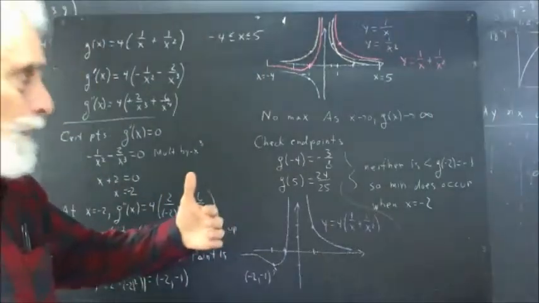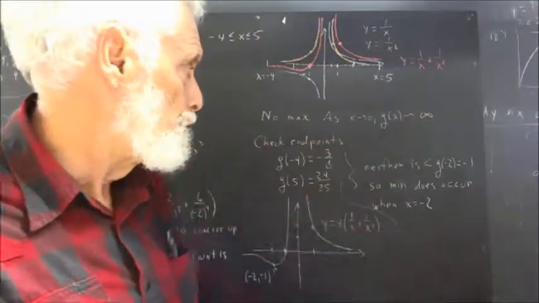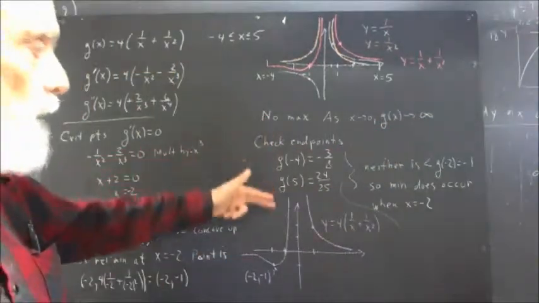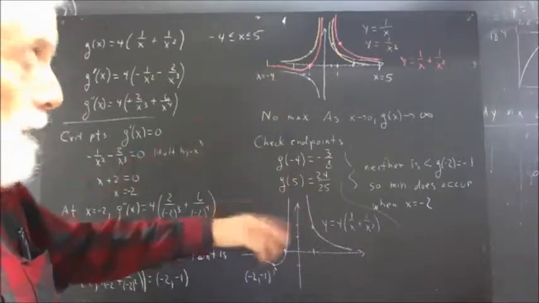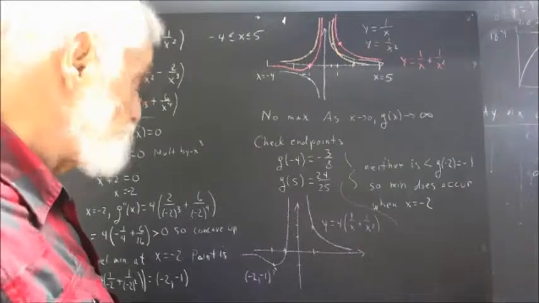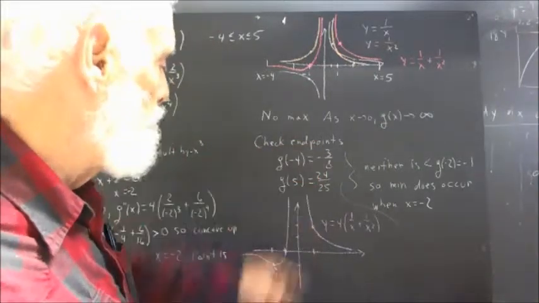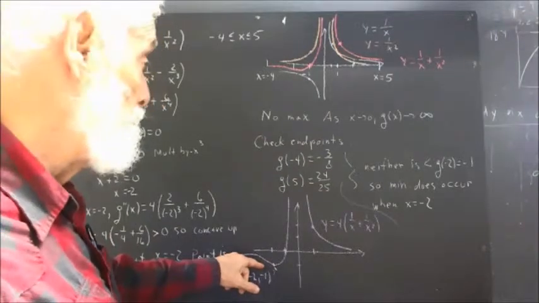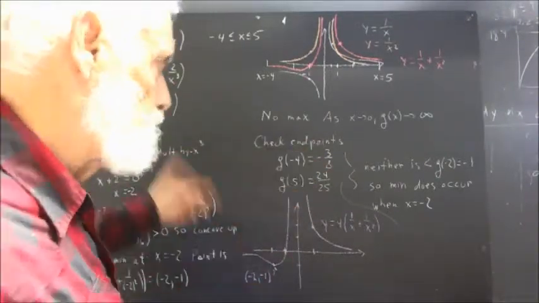So we conclude that, okay, there's no maximums. As x goes to 0, g of x goes to infinity. We check the endpoints then. We have our relative minimum. There's no maximum. There's no relative maximum. We check the endpoints of the interval to see if one of them maybe is lower than our relative minimum. We see at -4, g of -4 is -3/8.